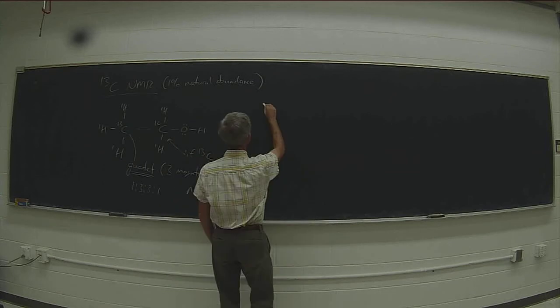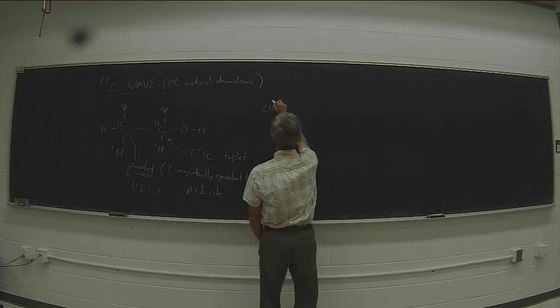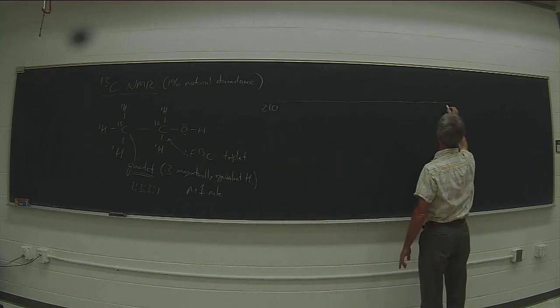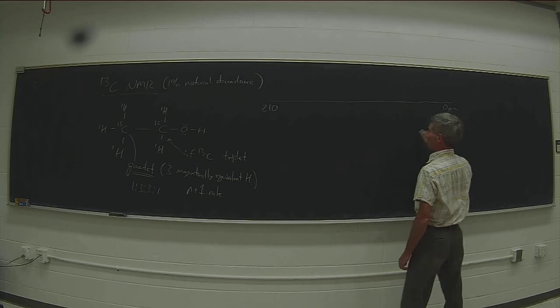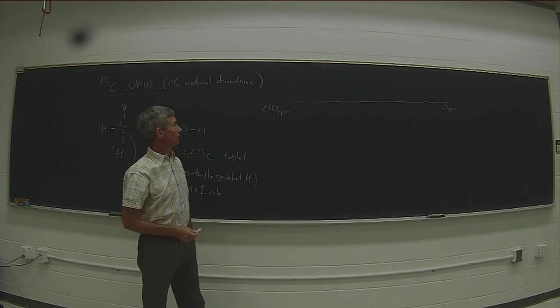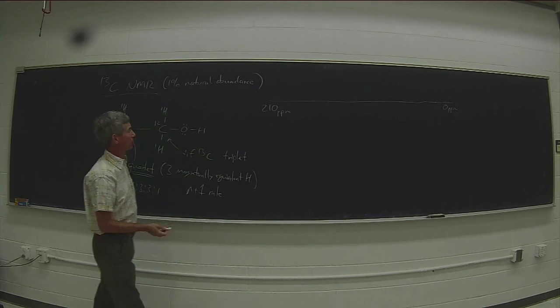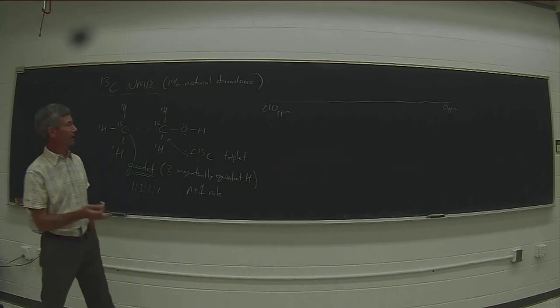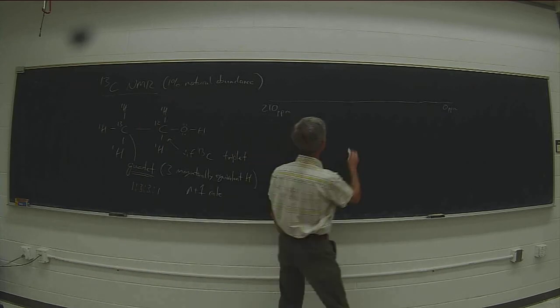As I mentioned before, carbon NMR typically encompasses a much larger range of parts per million, from 0 to 210, rather than from 0 to 12 or 13.